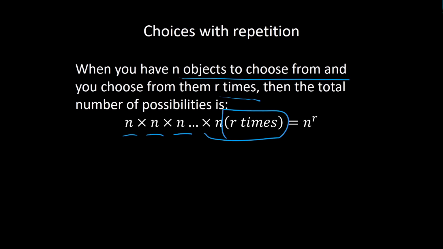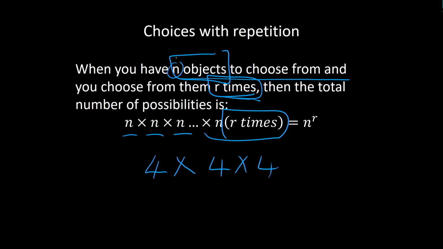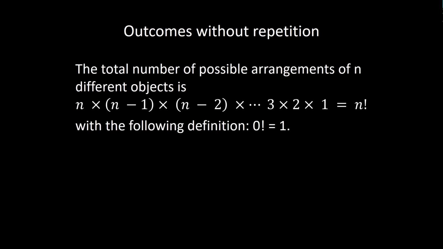So going back to our example about the letters, 4 times 4 times 4, we had 4 objects to choose from and we were choosing from them 3 times. So here n would be 4 and r is 3. So therefore the total number of possibilities is 4 cubed, 4 times 4 times 4, which is 64. So this is why I said you need to read your question carefully.